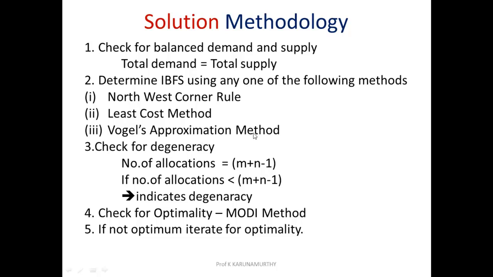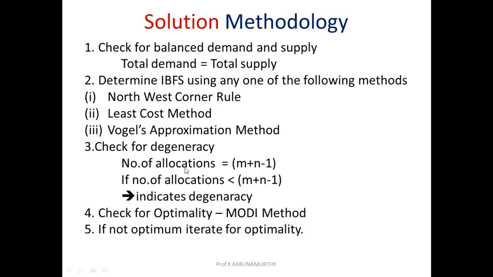Then once we get the initial basic feasible solution, we have to check for degeneracy. This checking of degeneracy is done like this. We have to determine the number of allocations that we have made, and if this number of allocations is equal to m plus n minus 1, then we say that the solution is not degenerate.